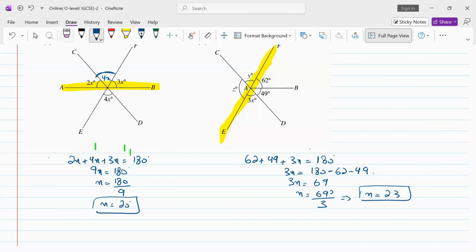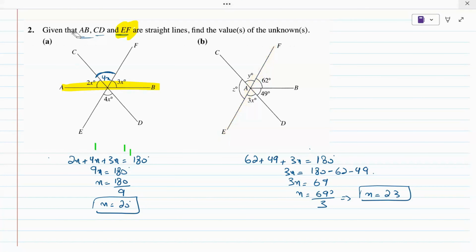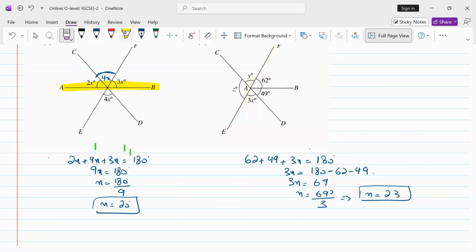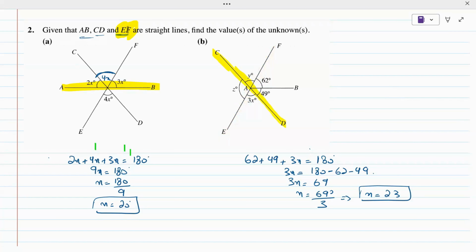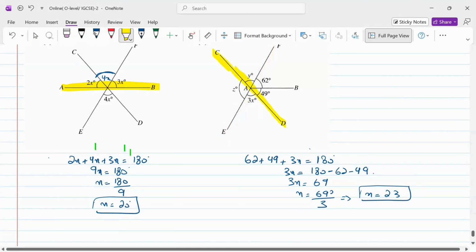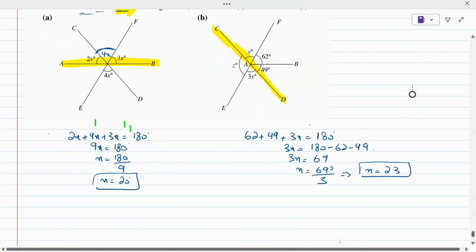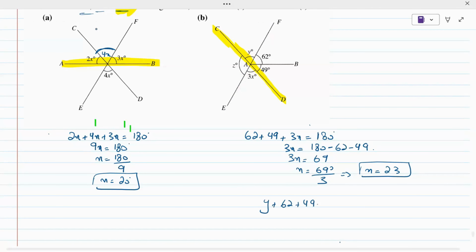Apart from EF, we have one more straight line, which is CD. So CD, the angles summing up here, it would be Y plus 62 plus 49 is equal to 360.